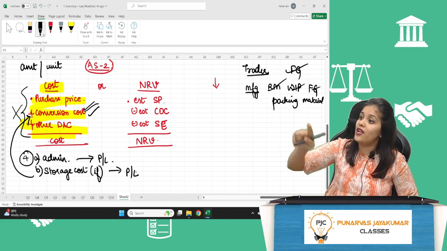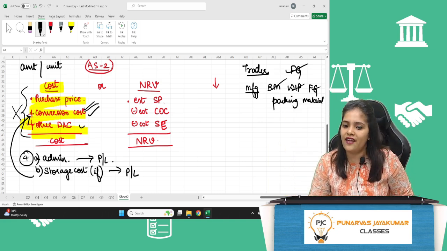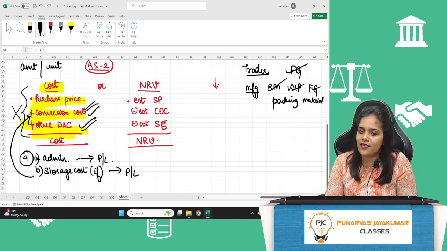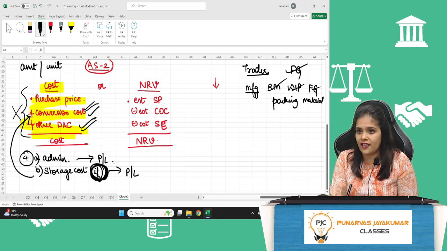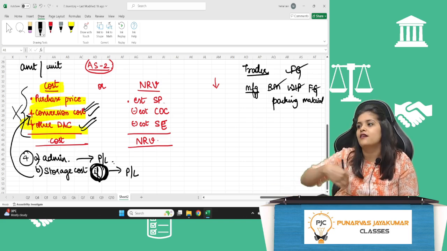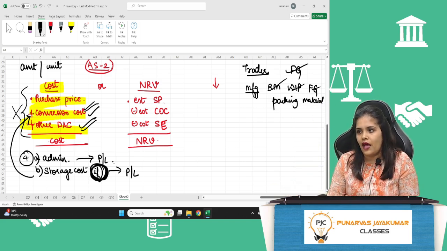But when the storage is necessary, add it to the cost of inventory. Understand the if clearly. What does the if mean? If it is necessary, then add to the cost of inventory. If it is not necessary, charge it to P&L. Am I clear?